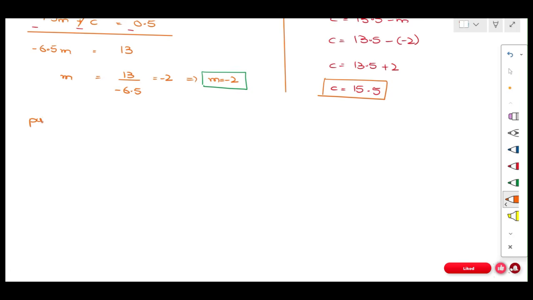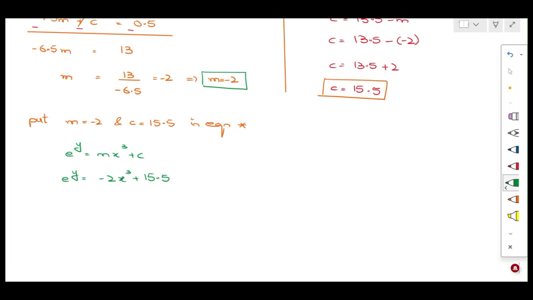Now put m equals -2 and c equals 15.5 in the equation. The equation is e to the power y equals m x cubed plus c. So e to the power y equals, m is -2, x cubed, and c is 15.5.